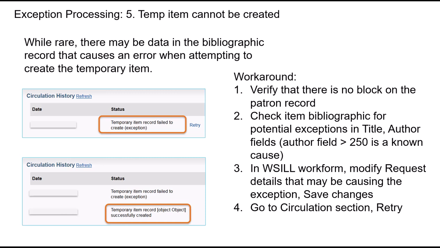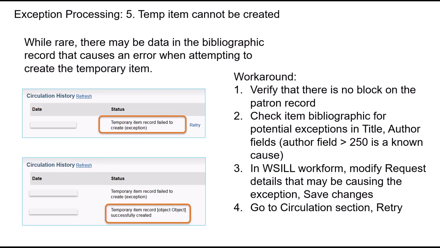On rare occasions, the automatic creation of the temporary item circulation may fail. One known cause is if the author field is populated with more than 250 characters in the WorldShare ILL request work form. This information is pulled from the WorldCat bibliographic record.